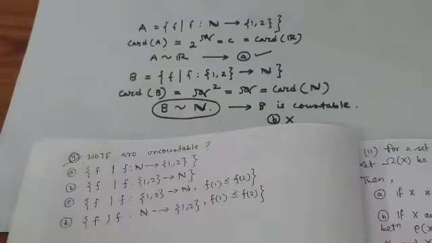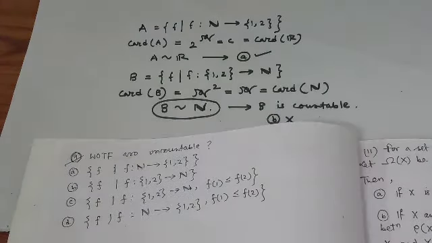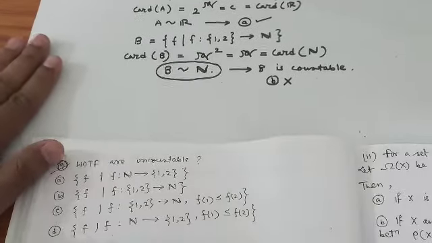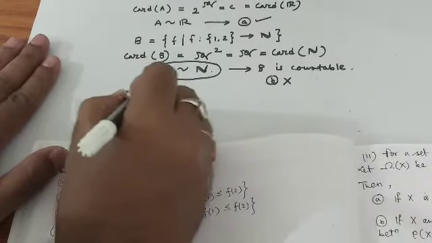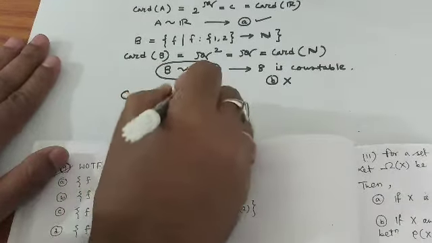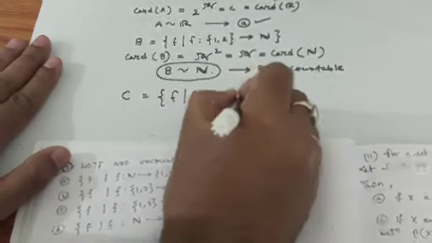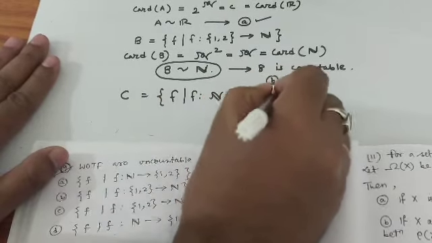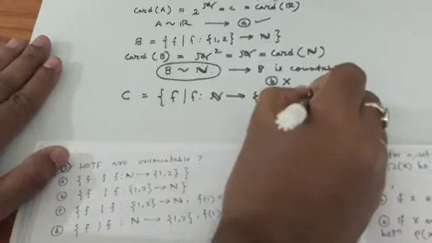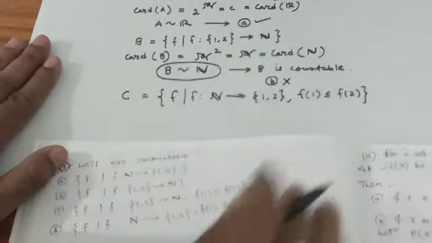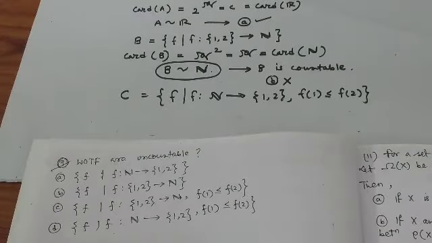Okay. If you consider the third option, that is C, F such that F is a mapping from N to {1, 2}, satisfying this condition F(1) less than or equal to F(2). Just observe it carefully.